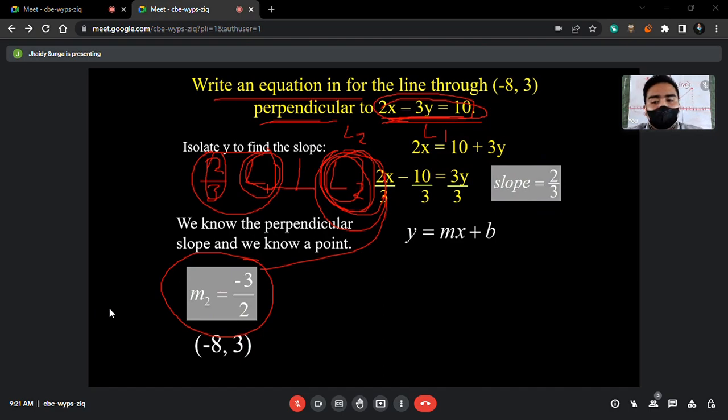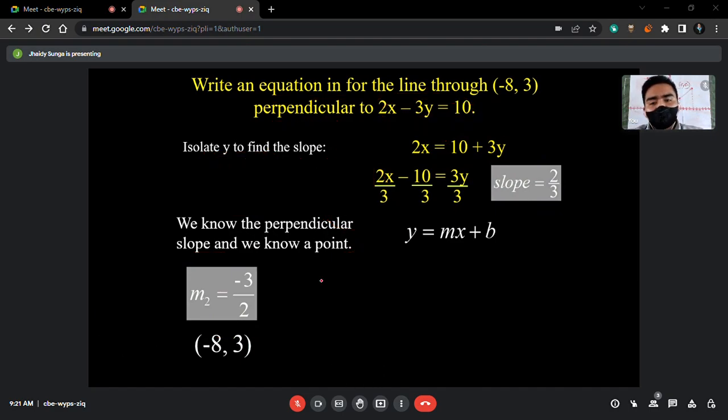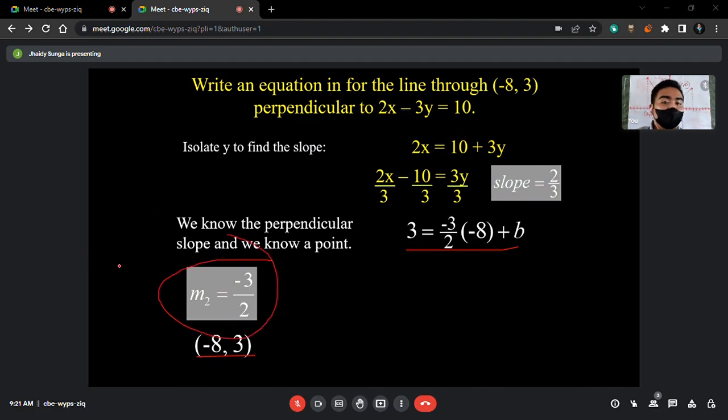Okay? Now, how to know? Having the slope-intercept form, you are going to substitute all your givens, which is your point and your perpendicular slope. So, substituting 3 as your y and negative 8 as your x.